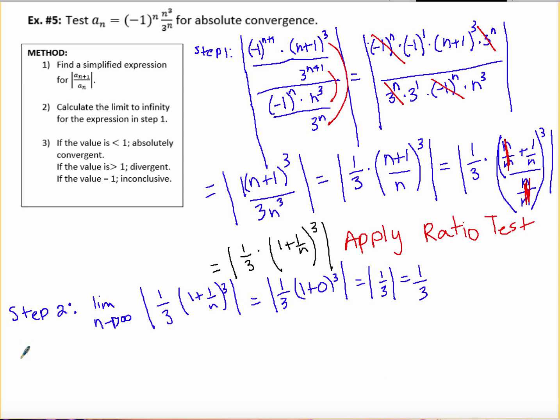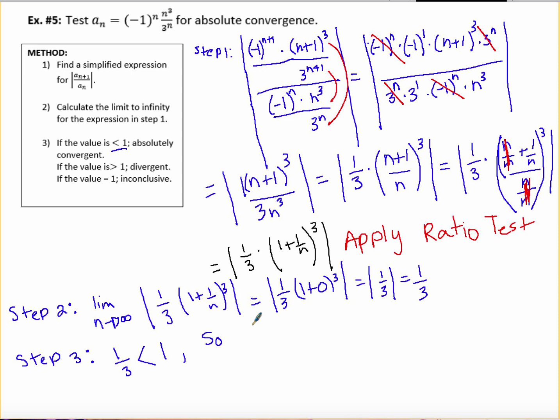We are finally ready for step 3. Step 3 is just comparing to 1. So what is 1/3 compared to 1? Well, it's smaller. If the value is smaller than 1, then we're absolutely convergent.